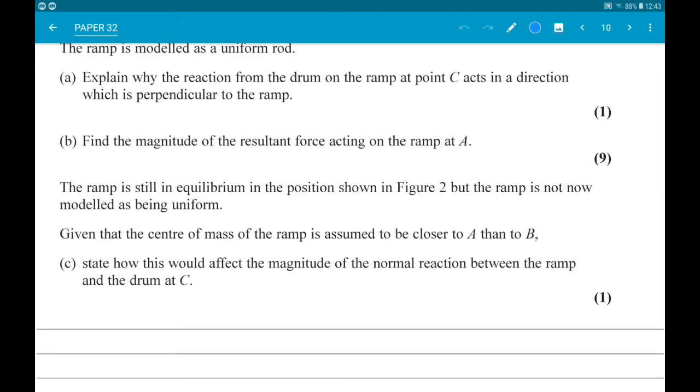Part B. Find the magnitude of the resultant force acting on the ramp at A. 9 marks.